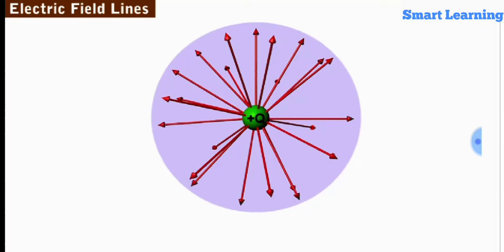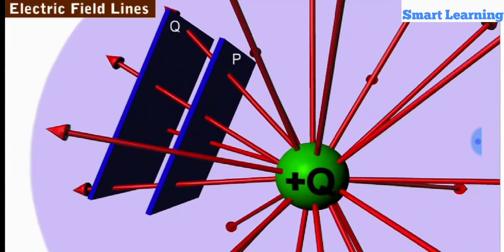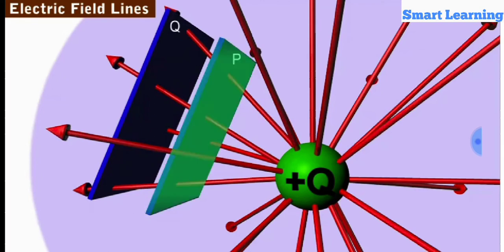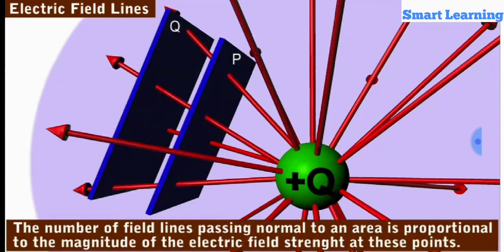To illustrate this, let us now consider two regions, P and Q, of same area placed normal to the field lines in the electric field. The field lines in region P are relatively closer than those in region Q. The number of field lines passing normal to an area is proportional to the magnitude of the electric field strength at these points.